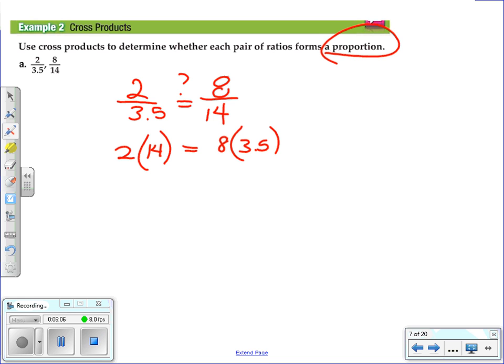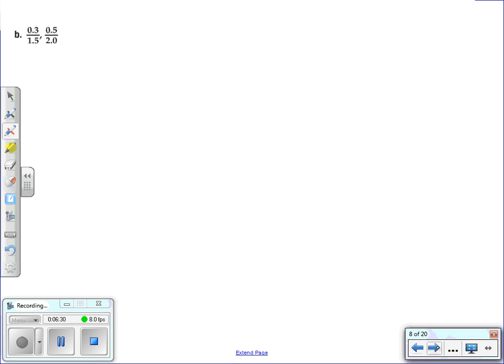No, remember, multiplication is commutative, so it doesn't matter. All right, if I multiply 2 times 14, I get 28. Is that equal to 8 times 3.5? 8 times 3.5 is also 28. So yes, this is a proportion.